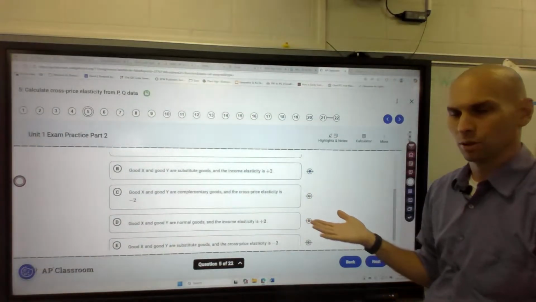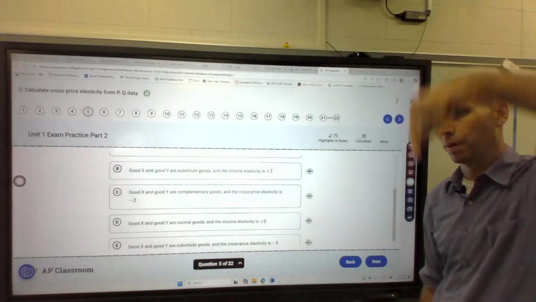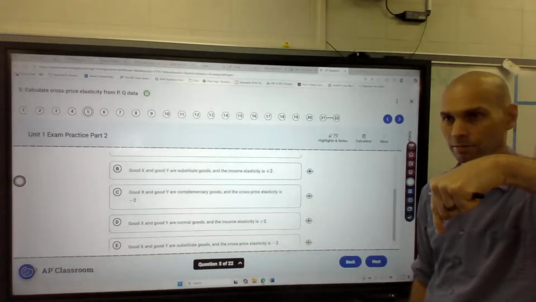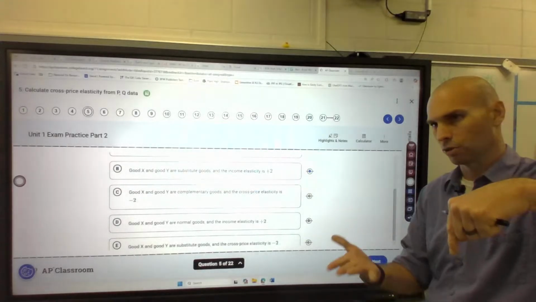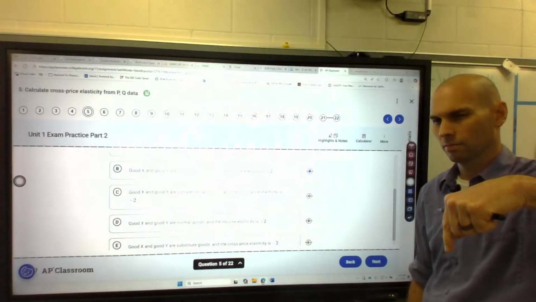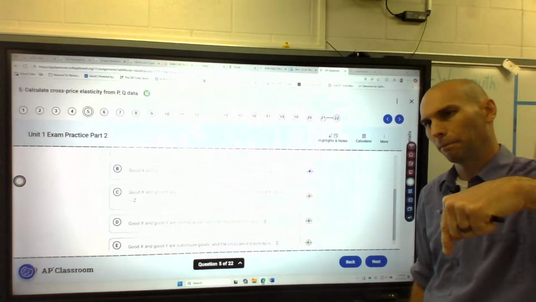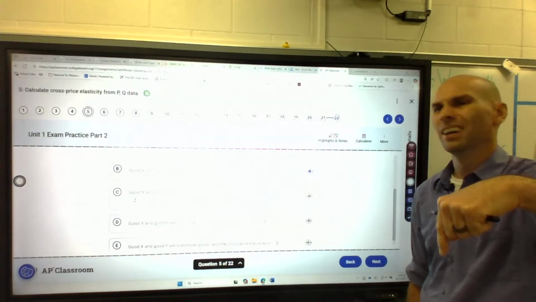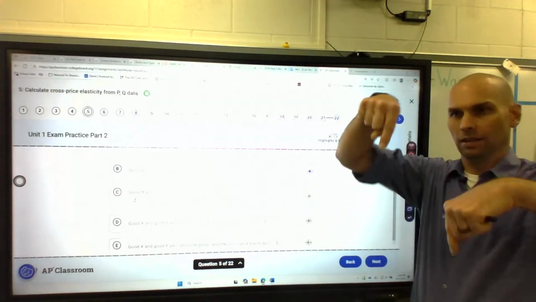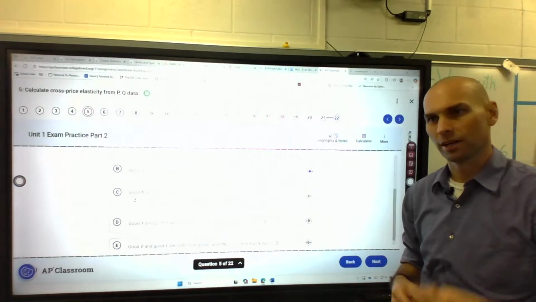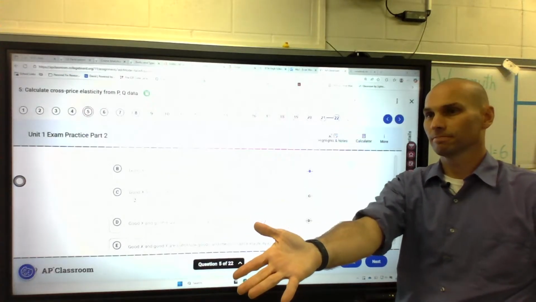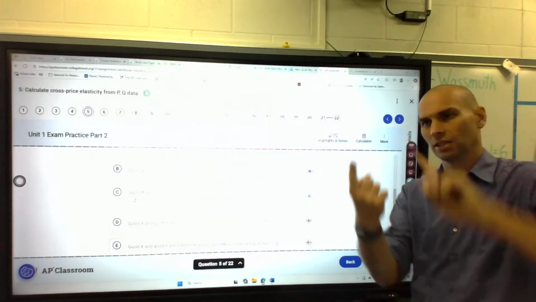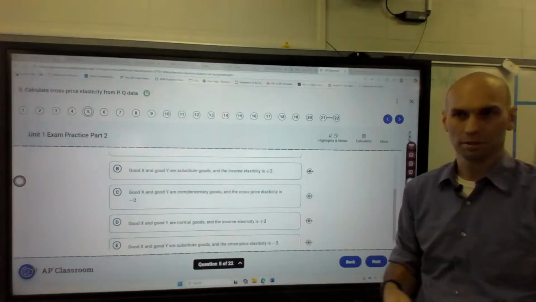Let's say they're substitutes like butter and margarine. If the price of butter goes down, what happens to the quantity of margarine? Butter's cheaper, how much margarine do you buy? Less, because you buy more butter. Those are both negative, but a negative over a negative is a positive relationship. They go the same way. Negative relationships go opposite ways.